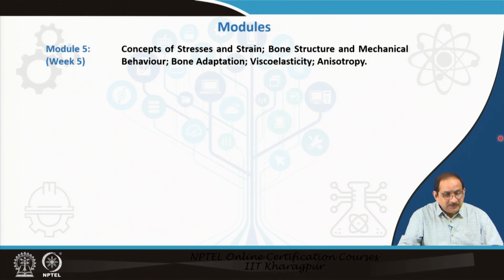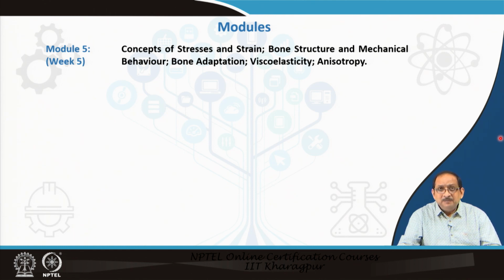In the second part of the course, that is from module 5 to module 8, these modules will focus on bone structure and mechanics, total joint replacement, implant design and analysis, bone remodeling and tissue differentiation.